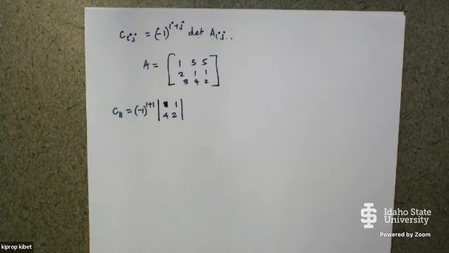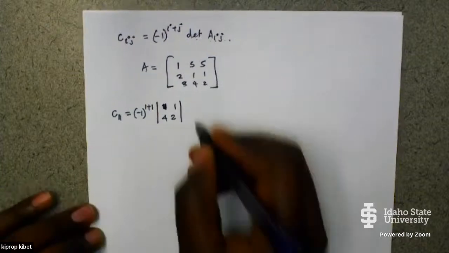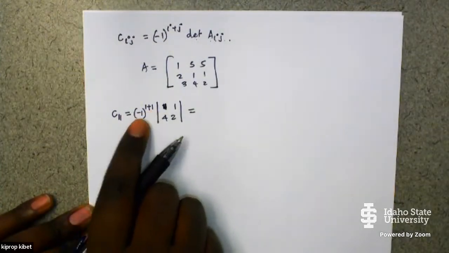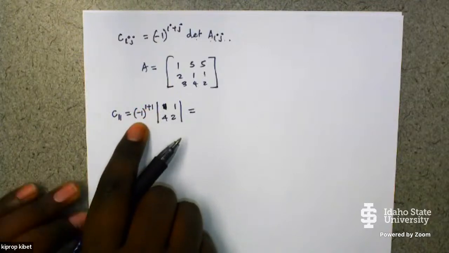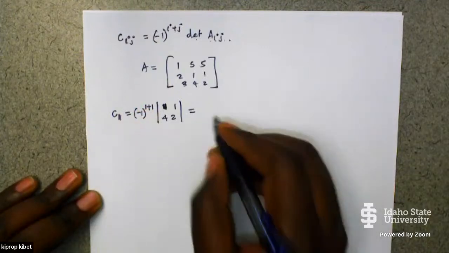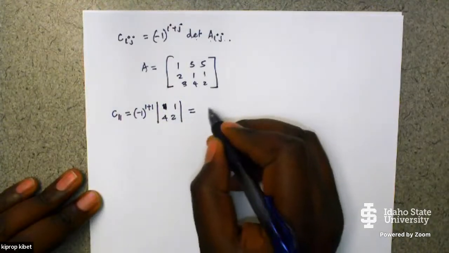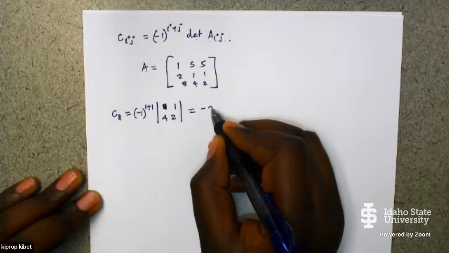Okay, so what do we get? Of course, since this is 1 plus 1, it is even, so this is positive. So we get the determinant, 2 minus 4, which equals minus 2.